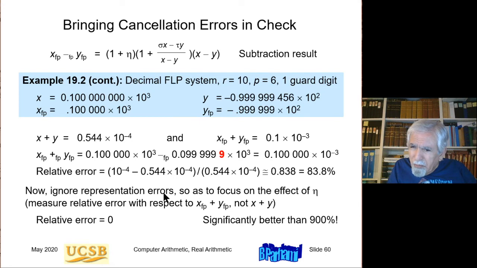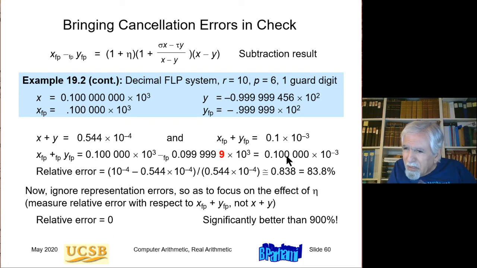Now we ignore the representation errors so as to focus on the effect of eta, the arithmetic error. Basically compare this result that I obtained with floating point arithmetic with the result that I would obtain with exact arithmetic on the floating point representations. The relative error will be 0.